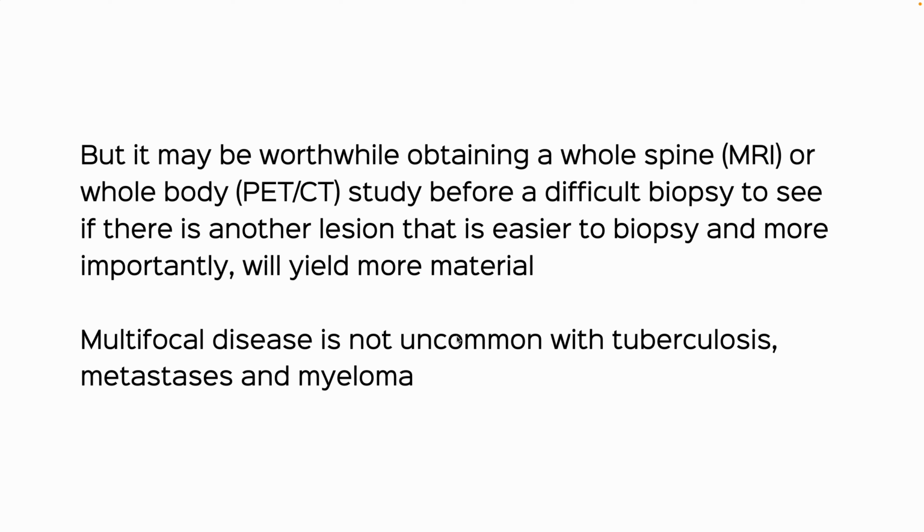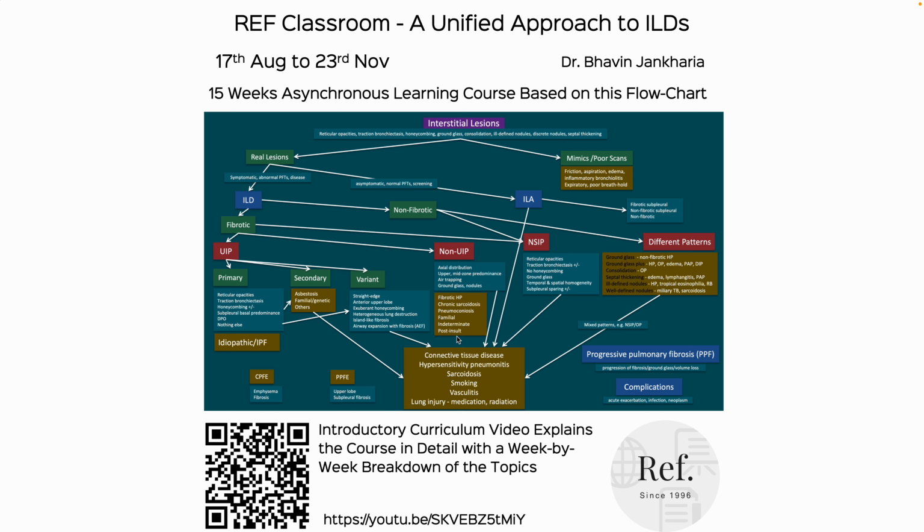You can go transpedicular, or in the pelvis where there is really no other structure that you would have to worry about. So, lesson learned, I think, before difficult biopsies, especially CVJ and upper cervical spine, it's a good idea to get some kind of a whole spine, whole body scan done.